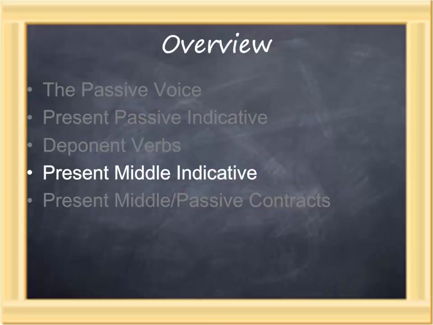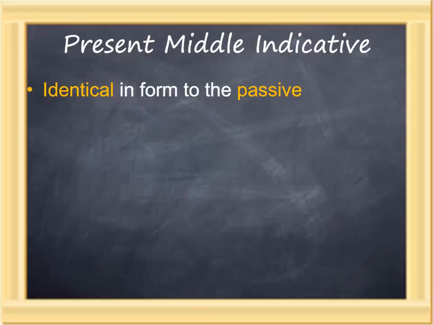We've looked at passive indicatives of the present and deponent verbs in the present. We now turn to the present middle indicative. In the present, the middle indicative is identical in form to the passive indicative. By looking at a form all by itself, one cannot tell if it's middle or passive in the present.